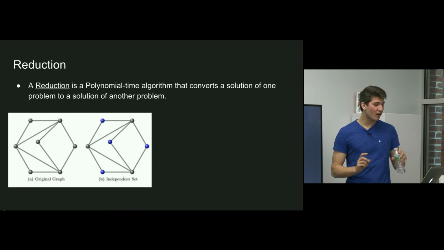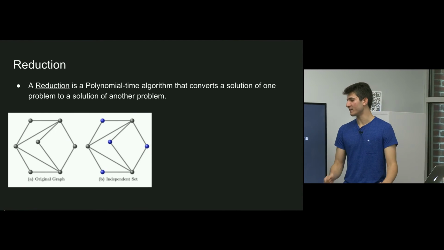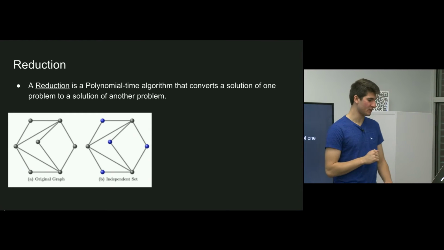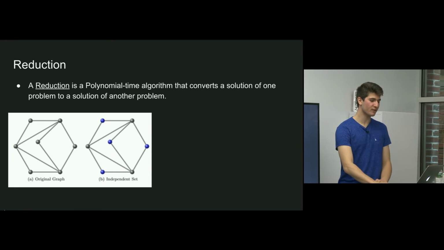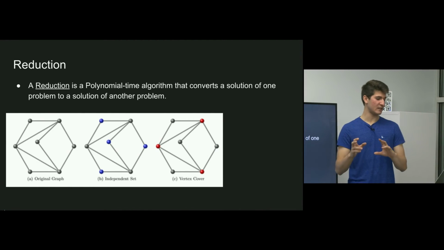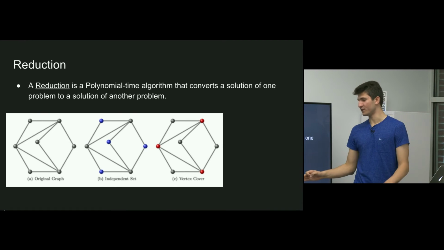But if we are able to get a solution, we can use it to solve some other problems. In this case, we can use the independent set to solve the vertex cover problem. How do we do that? Well, we just consider all of the vertices in the complement. So all of the vertices that weren't in the independent set, consider those to be in the vertex cover.